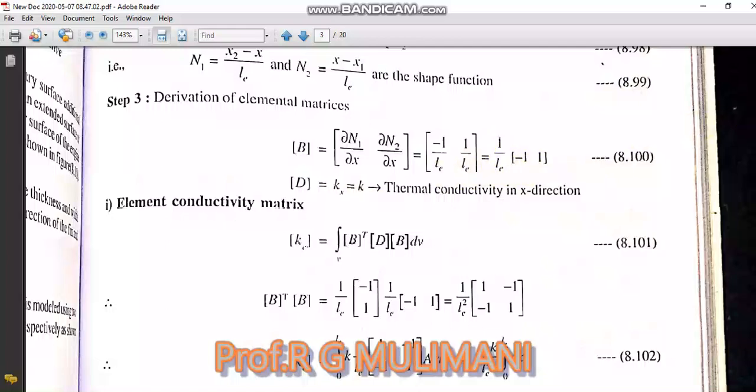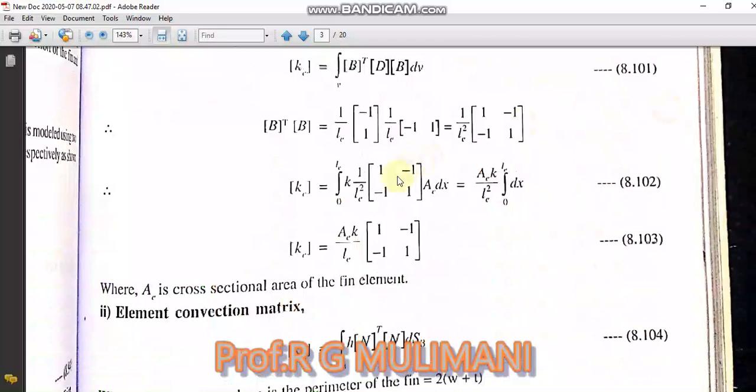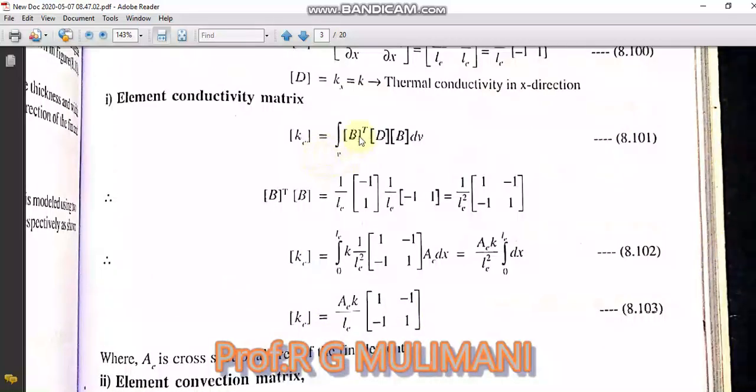Element conductivity matrix: we know the element conductivity matrix k is equal to Ak by le [1 minus 1; minus 1 1]. How is the conductivity matrix derived? Again it is the same method. It is done by the strain energy. In the strain energy, the nodal displacement terms are removed, and what remains is the element conductivity matrix.